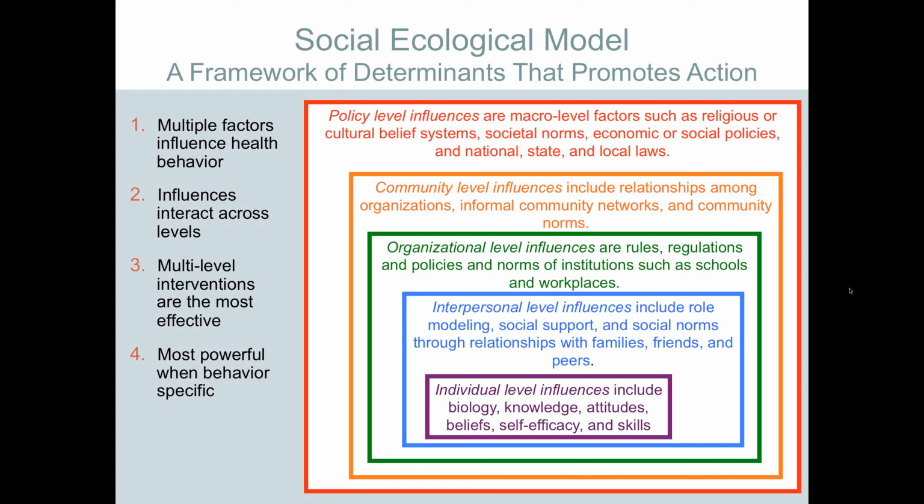Okay, there's another question about how racism is a risk on a societal level. Racism has multiple effects on individuals. Racism can be something that's experienced as part of an interpersonal relationship, and in that way, racism would be an interpersonal level influence.